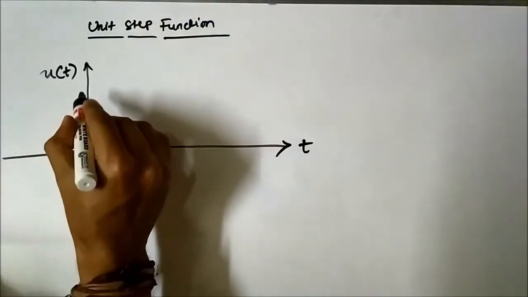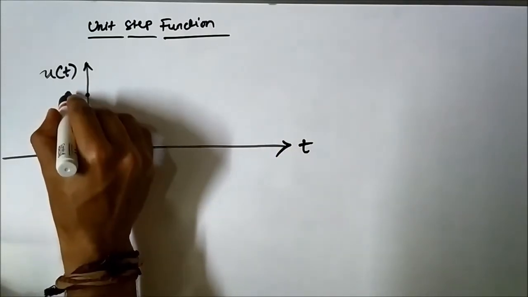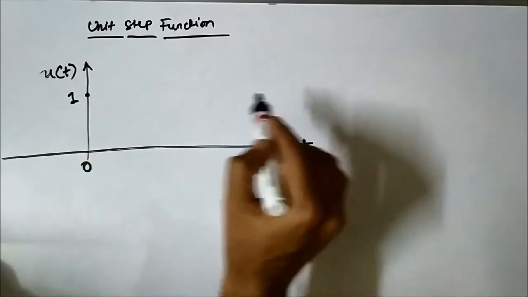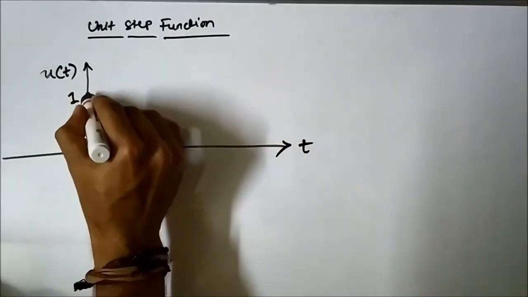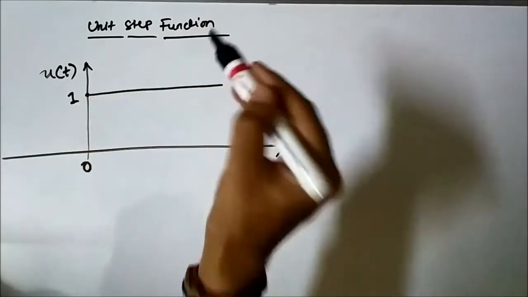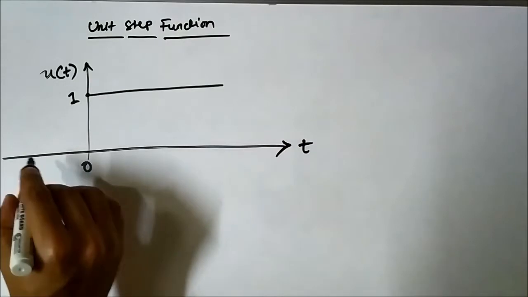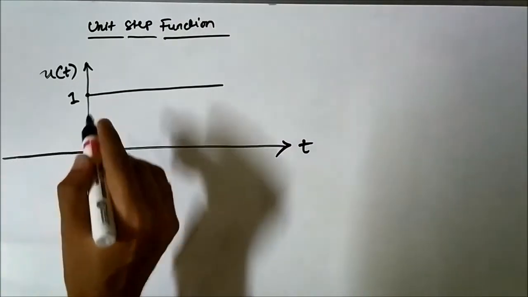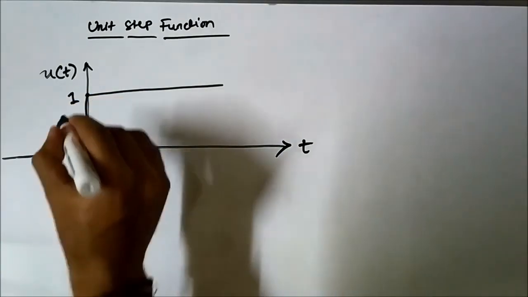Now the unit step function, as I said, has a constant magnitude equal to 1, and it exists for positive time, like this: constant magnitude for positive time, and for negative time it is 0.